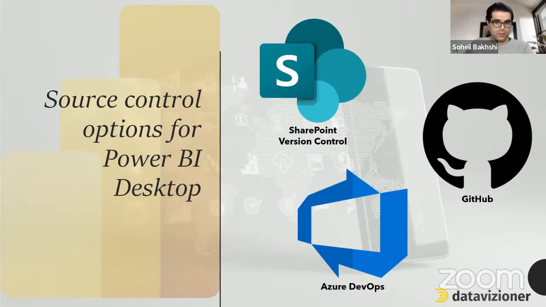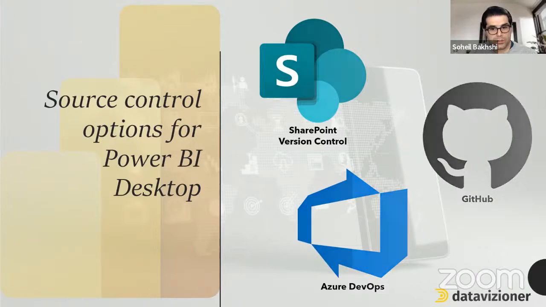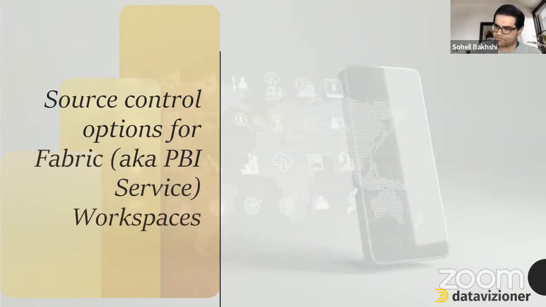We can still use the SharePoint mechanism, which is for version control, and it is not proper source control, and that's why I put version control in the name. The same scenario as in GitHub would be available on Azure DevOps, but there is more around Azure DevOps in the next slide.